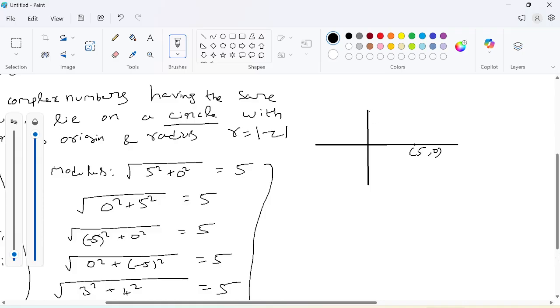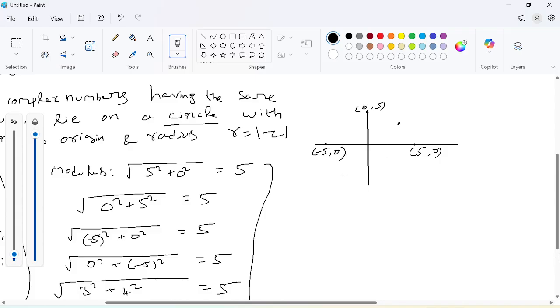Next, 0 plus 5i is here, 0 comma 5. Next, 3 plus 4i is here, 3 and 4. Minus 5 plus 0i is minus 5 comma 0, here.